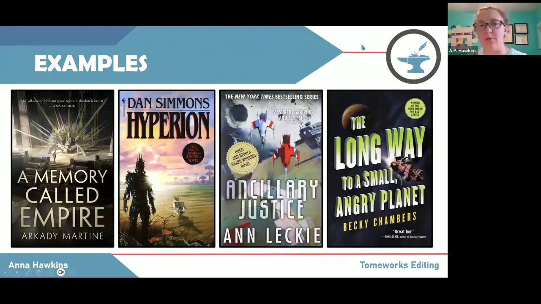So some examples of what I would consider to be soft science fiction, and these are all books that I really like. A Memory Called Empire by Arkady Martine. It deals with colonization, but also ancestral memory and the importance of continuity in cultural memory and things like that. So there's some weird memory stuff where we're downloading other people's memories into a new person's brain.